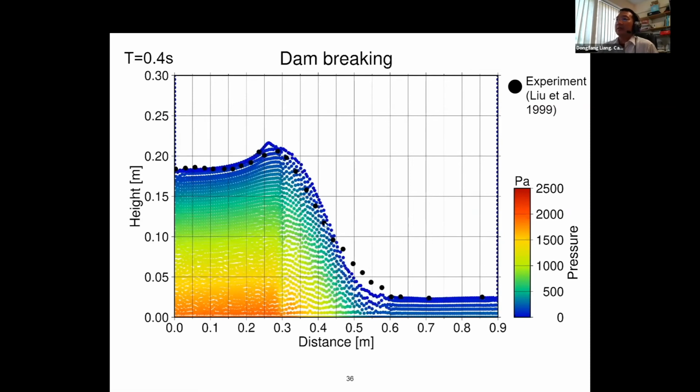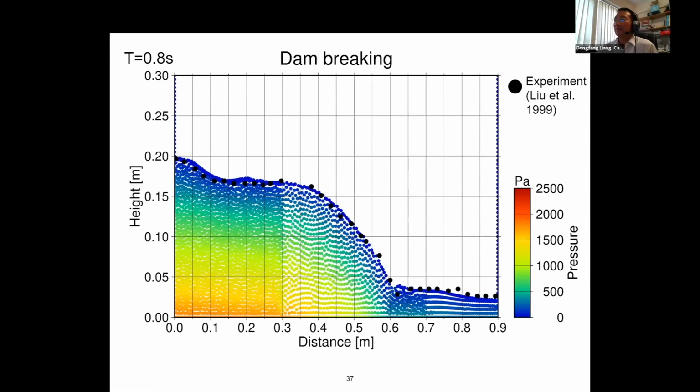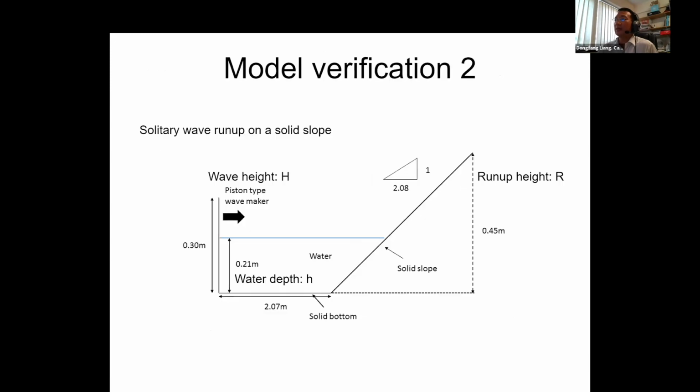So this is the water surface profile at 0.4 seconds after the collapse, and so on. The second verification is the solitary wave run-up on a solid slope.